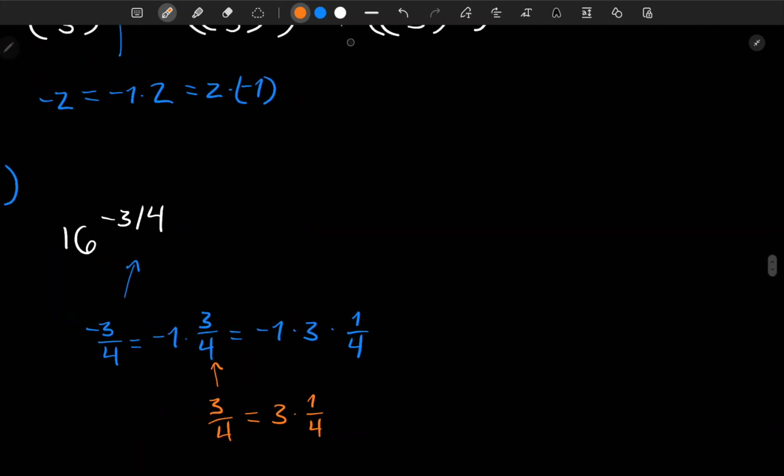Okay. Next, expanding that out, we have that 16 to the negative 3 over 4 is equal to 16 to the 1/4 power to the third power to the negative 1 power.